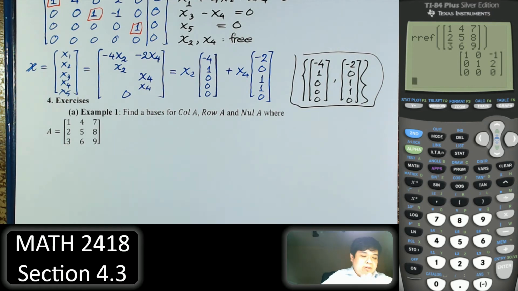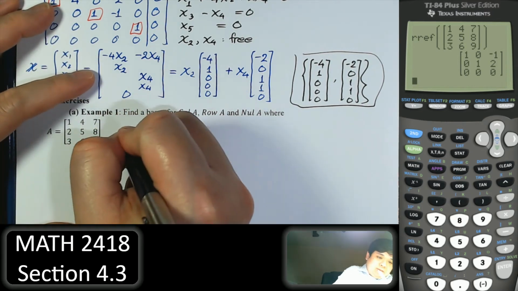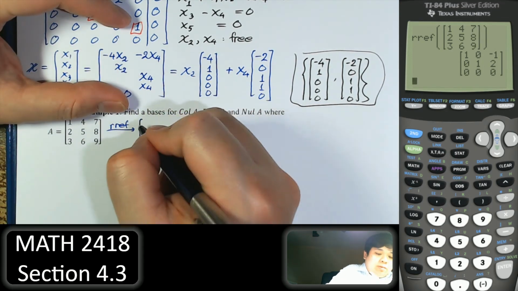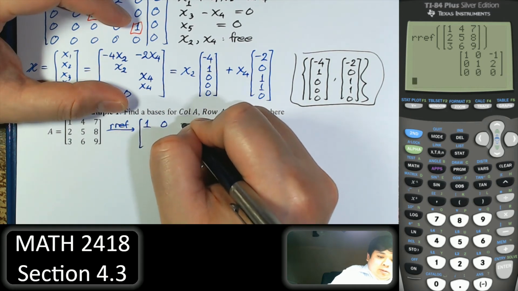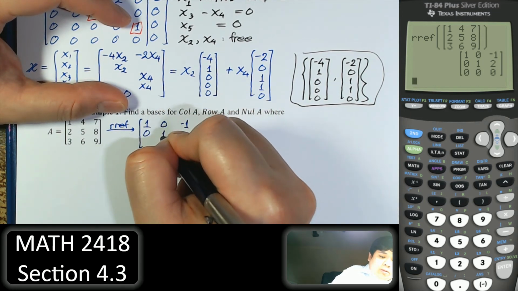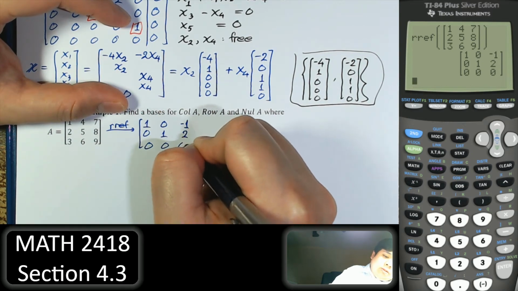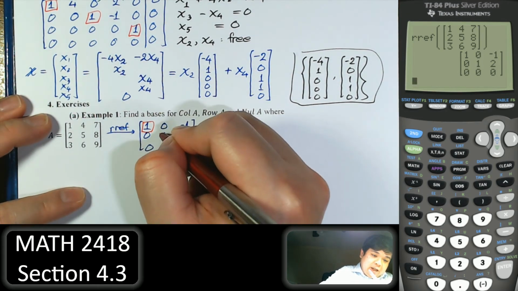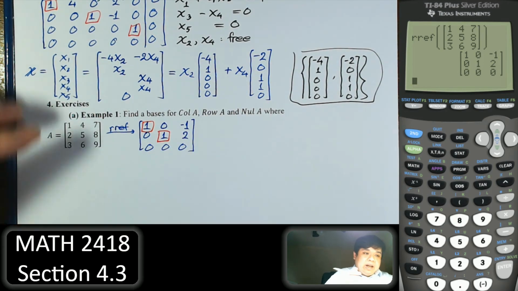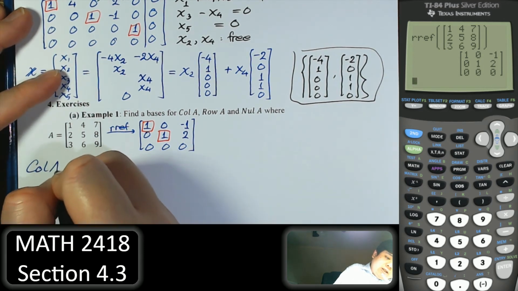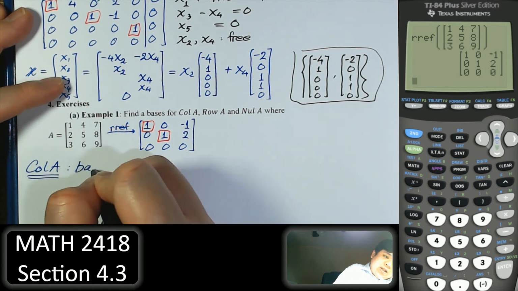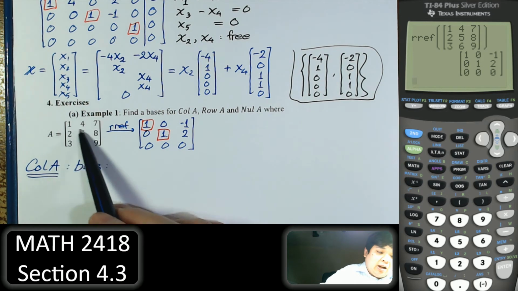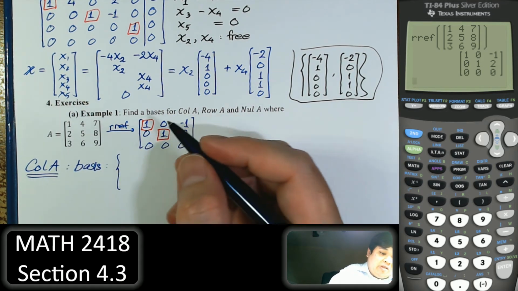Right, that's what we have. And from that we see we have the pivot here and here, so we can get the column space of A. The basis for column space will be the first and the second column, because that's where the pivots are.